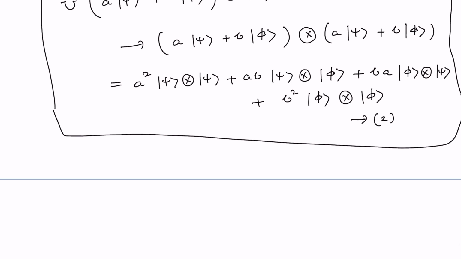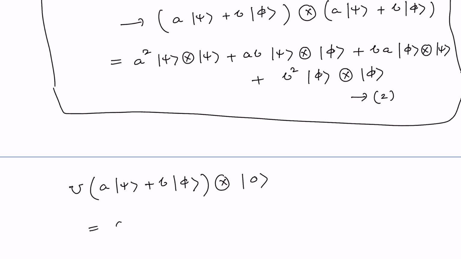Again, because U is a linear operator, because of the linearity, I can also have U (a|psi> + b|phi>) direct product with this empty state.